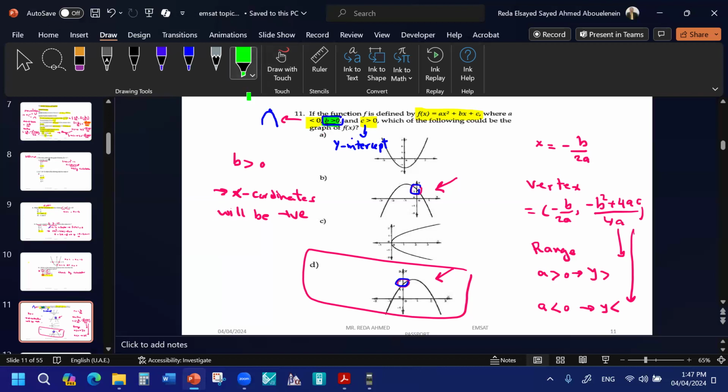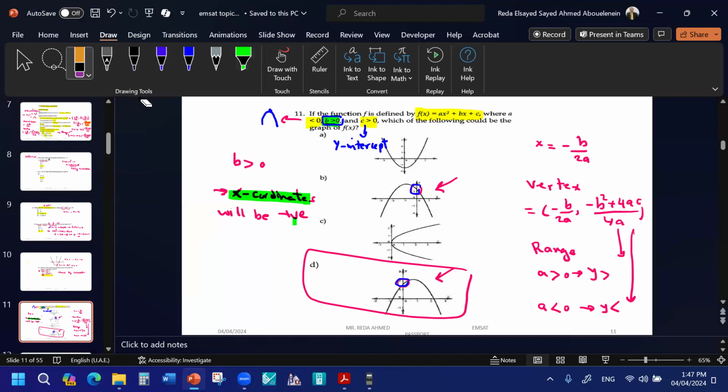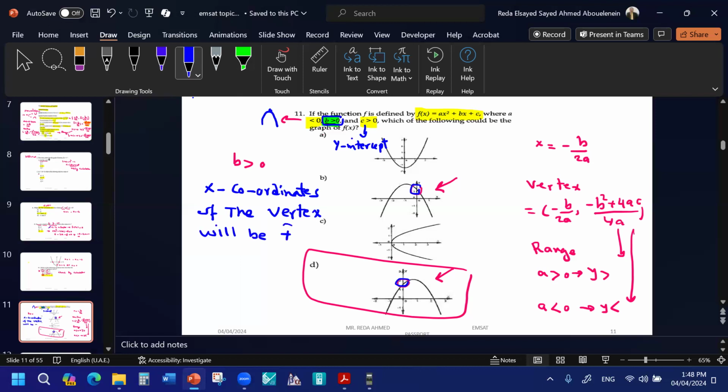It means the x coordinate of the vertex will be a positive number. So the answer will be D.